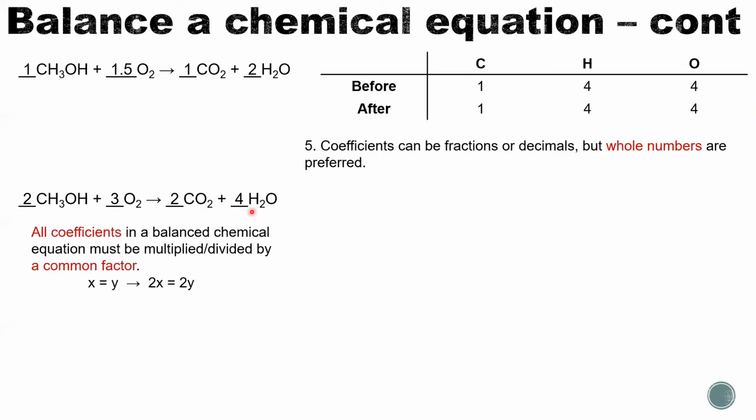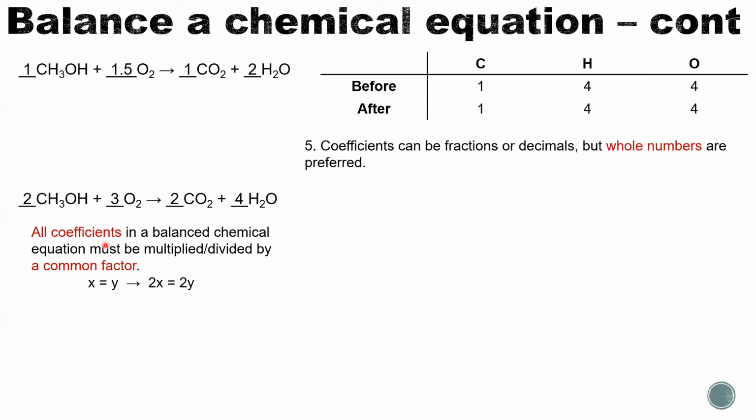Okay, so all coefficients in a balanced chemical equation, it has to be balanced first, can be multiplied and divided by a common factor, which means if you multiply one coefficient, you need to do the same thing to the rest. Everything should be multiplied and divided by a common factor altogether.